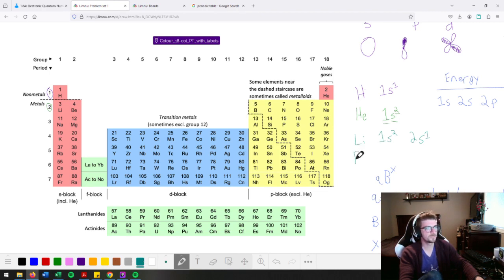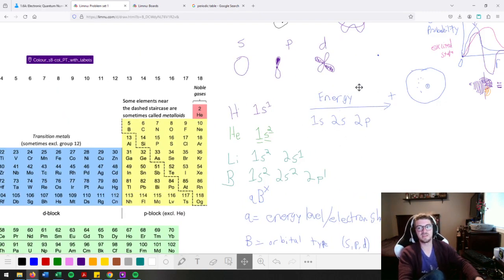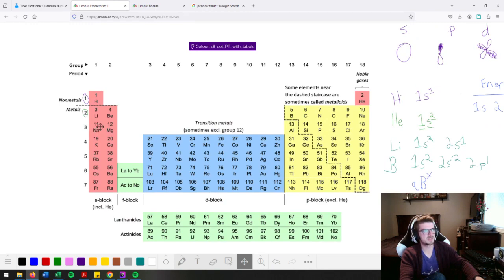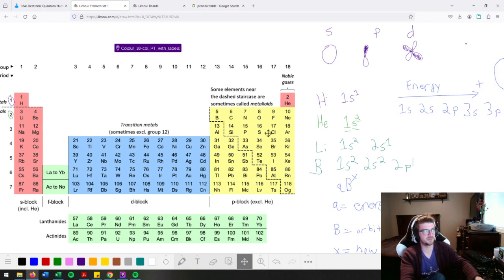Boron has the electron configuration of 1s2, 2s2, 2p1, because this is in the p block, and the energy of the orbitals goes up in that order. So 1s to 2s to 2p to 3s to 3p, and that takes care of this third row here. This third row is the 3s orbitals over here, and the 3p orbitals here.